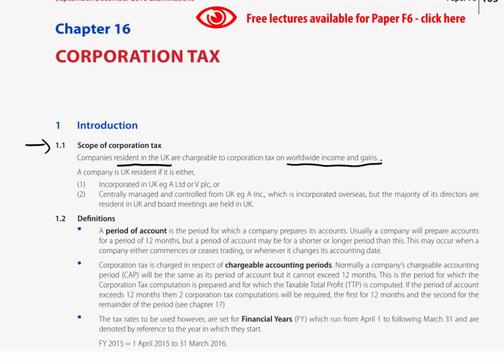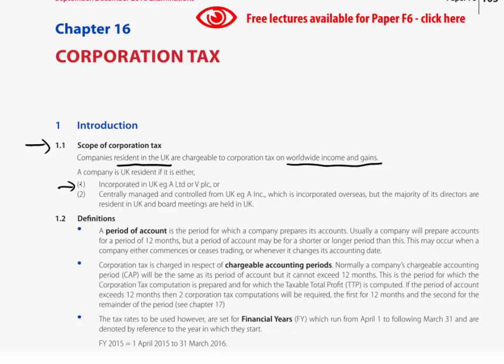But of course that begs a question. What defines a company as being UK resident? Now, one very obvious aspect is if it was, again you'll see it here, incorporated in the UK. So if you're dealing with A Limited or A PLC, you've got either Limited or PLC after them, it has been incorporated within the UK.